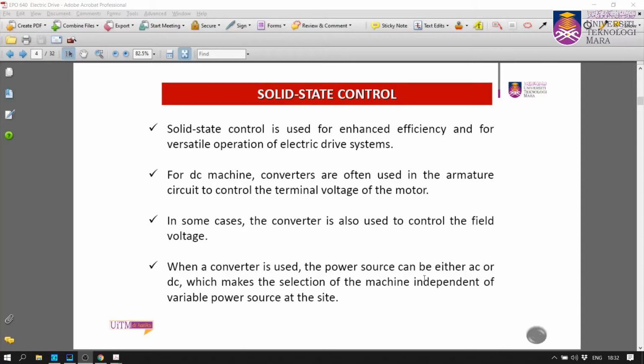So we're going to discuss two techniques or two circuits involved in the DC drive, whereby the supply is either DC or AC.